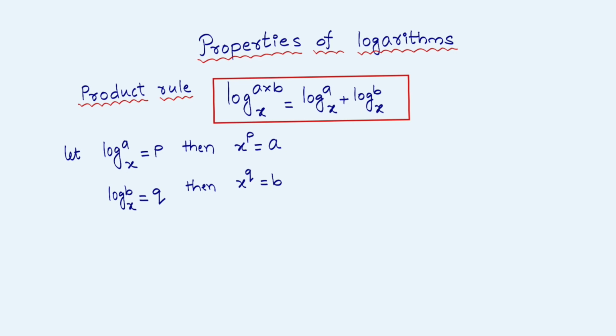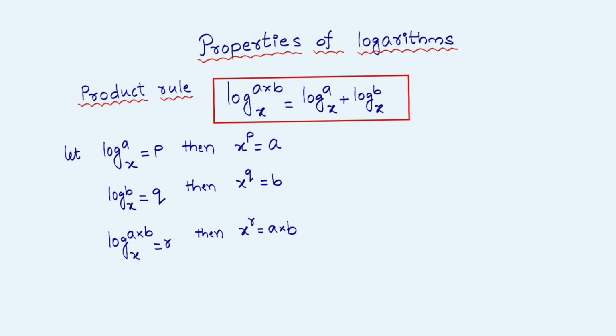We have to consider another logarithmic term, that is log of a into b to the base x, which we consider as r. Then this one can be written as x to the power of r is equal to a into b. Hope you understood these three logarithmic forms converting into exponential forms.